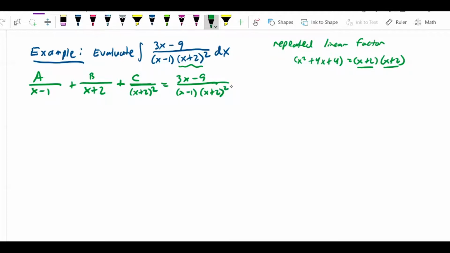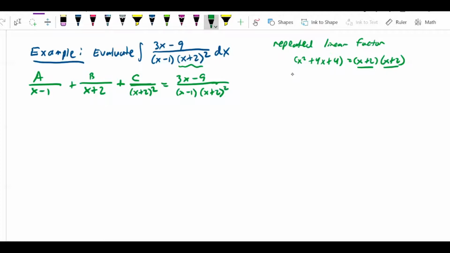Now I just want to emphasize one thing here. The rule for this is that you keep writing B over x plus 2, C over (x plus 2) squared, D over (x plus 2) to the third, for all the possible powers of this repeated linear factor up to its highest exponent.